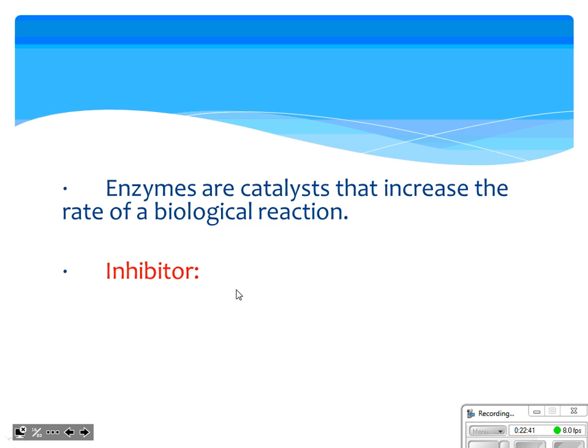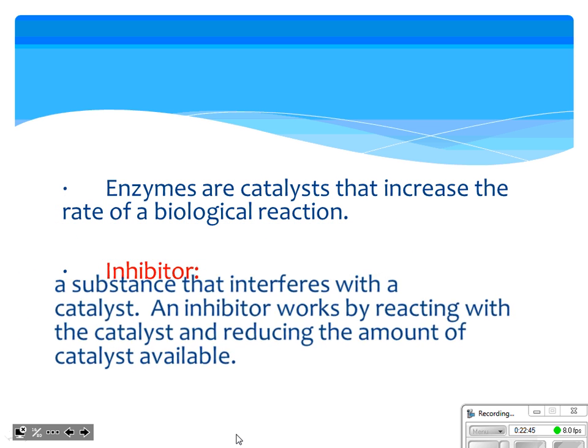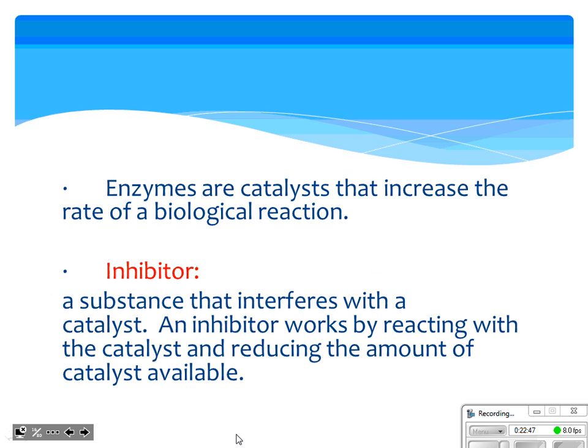Let's talk about an inhibitor. An inhibitor is a substance that interferes with a catalyst. An inhibitor works by reacting with the catalyst, thus reducing the amount of catalyst. If we have a lower amount of catalyst, we're going to have a lower rate of reaction. How does that happen?